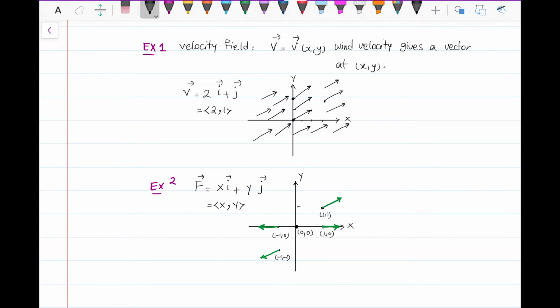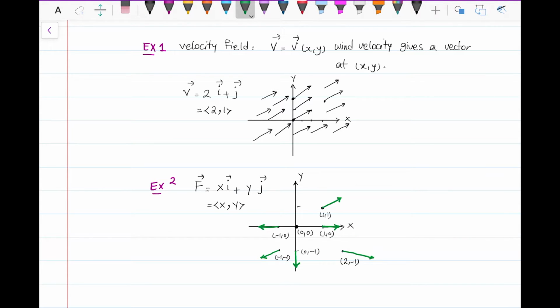Okay, let's go to another point. For example, here, this is the point (2, -1). So I get the vector (2, -1). I'm gonna move 2 units toward the positive x-axis and 1 unit down. Okay, and we can continue graphing this. For example, at the point (0, -1), I have this vector.